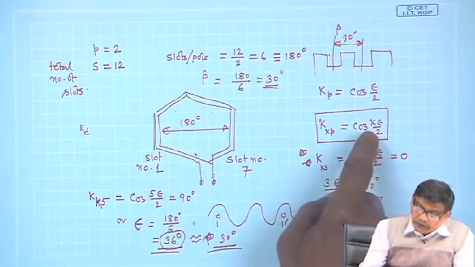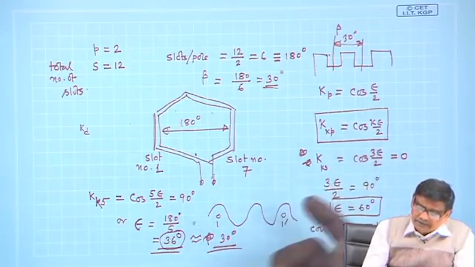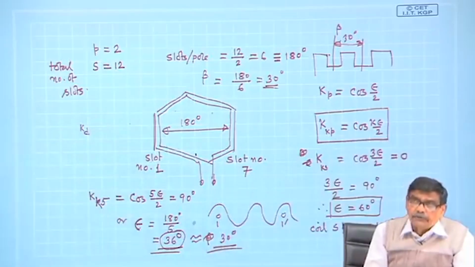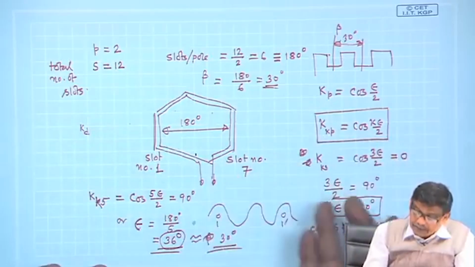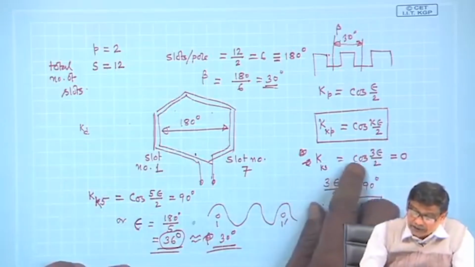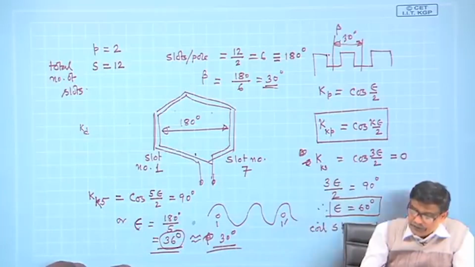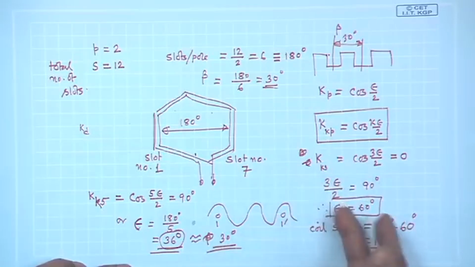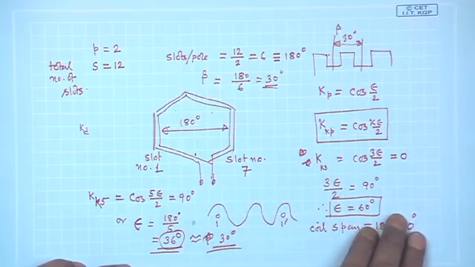So, I then try to say perhaps the third harmonic voltage I want to reduce to 0. In this case I am lucky. If it is the third harmonic you want to remove, I will immediately say cosine 3 epsilon by 2 is 0, 90 degree, and it so happens epsilon is 60 degree. So, by 2 slots, an integral multiple of 30 degree, is very much clear.